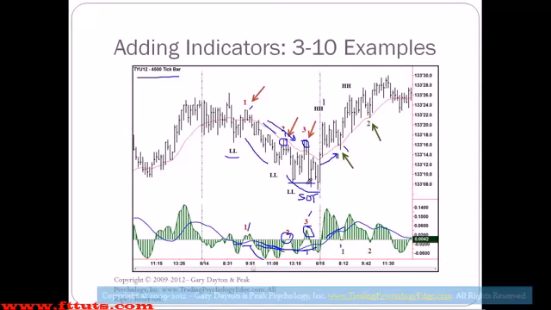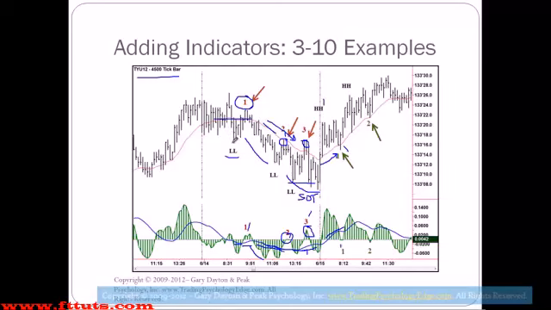You want to have all of your ducks lined up. The most aggressive trade on this chart is number 1. Why? Because the EMA is flat from an indicator perspective, and truthfully, from a price bar perspective as well. I don't know what the Weiss wave would look like here.